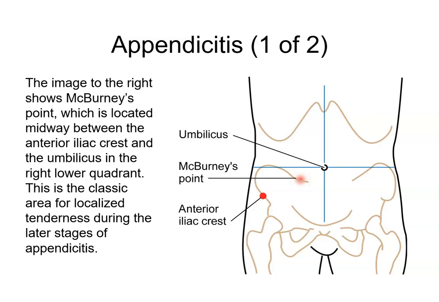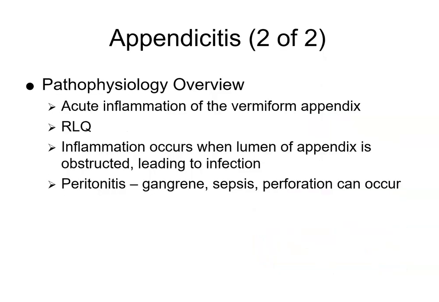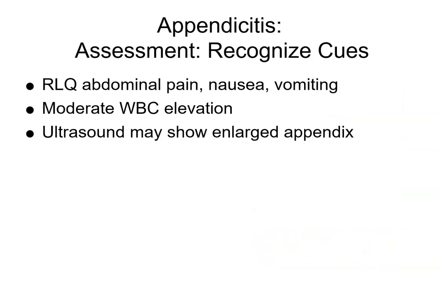Now, what are going to be some significant lab findings for appendicitis? What's going to be significant? Elevated white blood cells with a shift to the left. So what does that mean, with a shift to the left? An increased number of immature white blood cells.